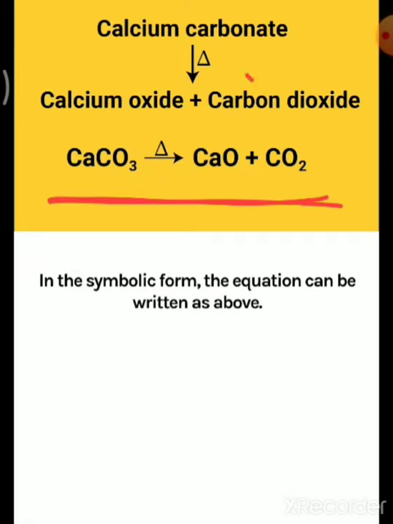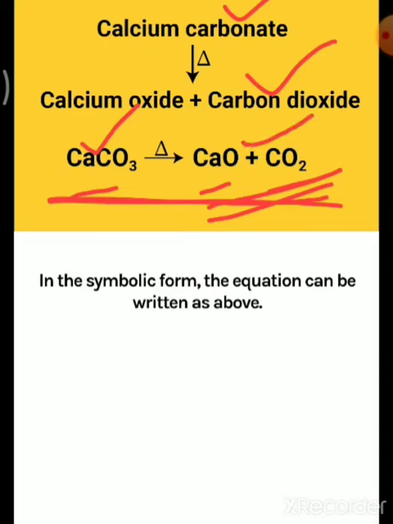So from the word equation, it is represented as a chemical equation. In symbolic form, calcium carbonate is CaCO3, calcium oxide is CaO, and carbon dioxide is CO2. These are the reactant side and the product side. So this is the complete chemical equation.